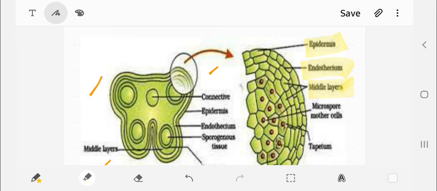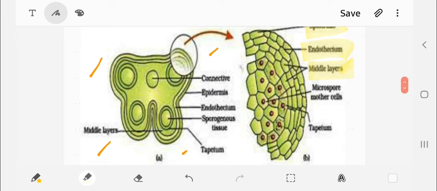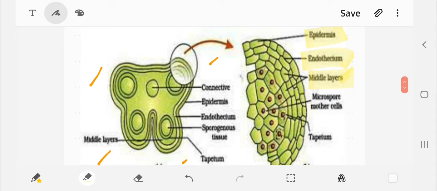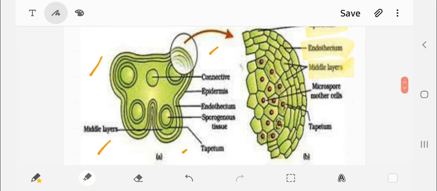So epidermis, endothecium, middle layer: these three layers help in protecting your anther lobe, or the microsporangium. So that is protective in nature. Now the innermost or fourth layer is the tapetum. It helps in giving nourishment to the developing pollen grains.